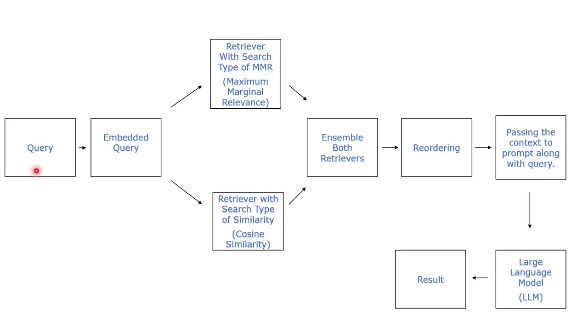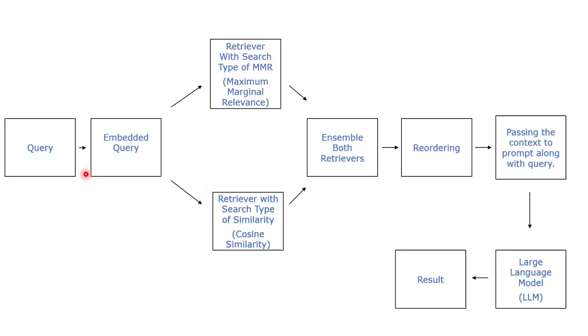We have a query which the user entered, and using an embedding model we are first converting that query into an embedding query, meaning we are converting that query into a vector form so that we can use retrievers with a search type of MMR and a search type of cosine similarity to retrieve the relevant documents from our vector store.